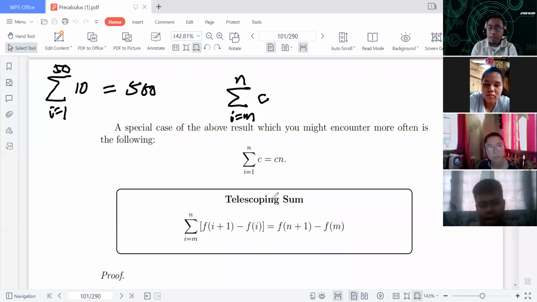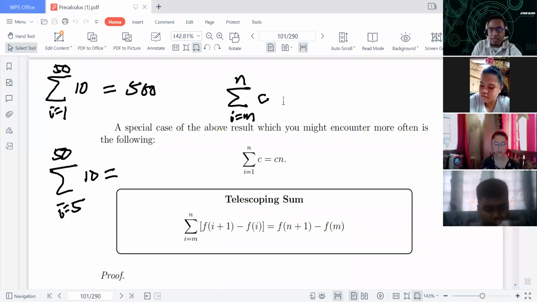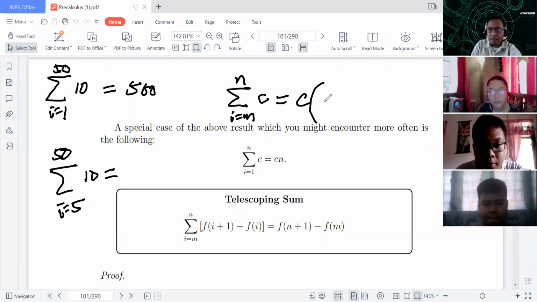But if I ask you, what is the summation of 10, where i ranges from 5 to 50? In this case, you cannot use that formula, because it does not start at 1. Which formula will we use? The one from earlier.